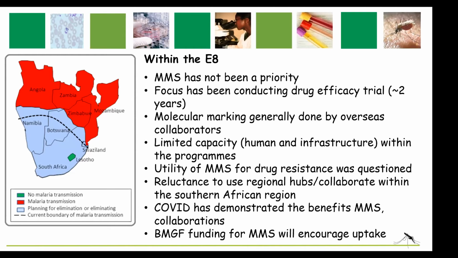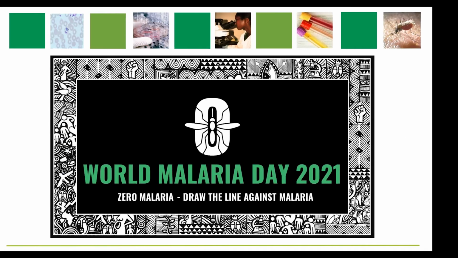And hopefully that will get us, if we go to the next slide, to what the World Health Organization slogan for Malaria Day was, actually managing to draw a line against elimination, and that the Elimination 8 could achieve its aim of eliminating malaria by 2025. Thank you very much.